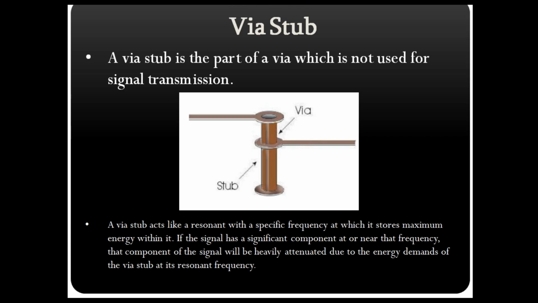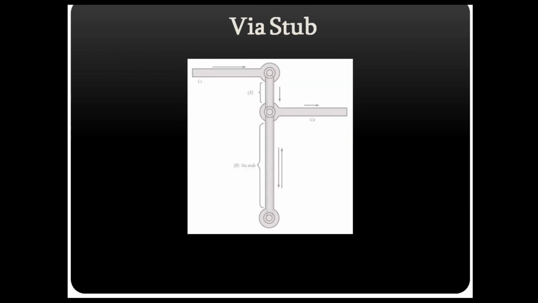So basically this via stub creates a signal integrity issue, and it attenuates the amplitude of the signal because of the resonance.